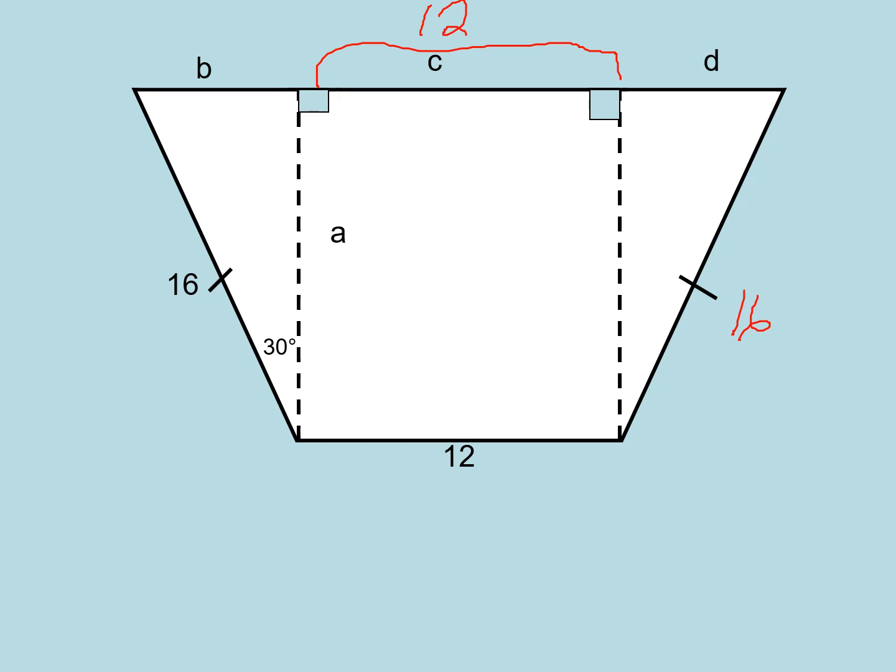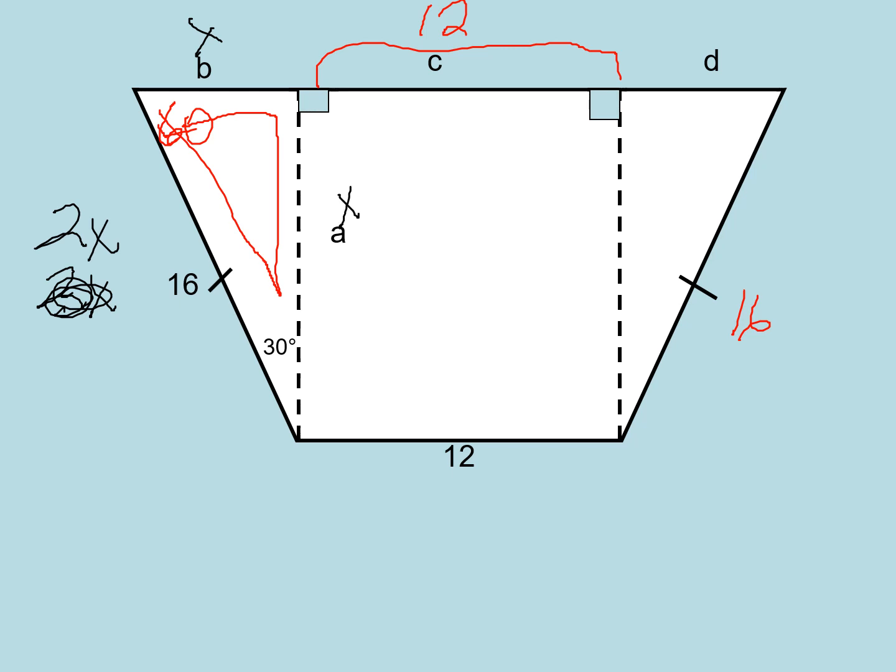But remember, what kind of triangle? 30, 60, 90, I believe. Well, this would have been 60. There were special formulas. There was a short leg x, the hypotenuse was 2x, and the long leg was x square root of 3. Remember all that?